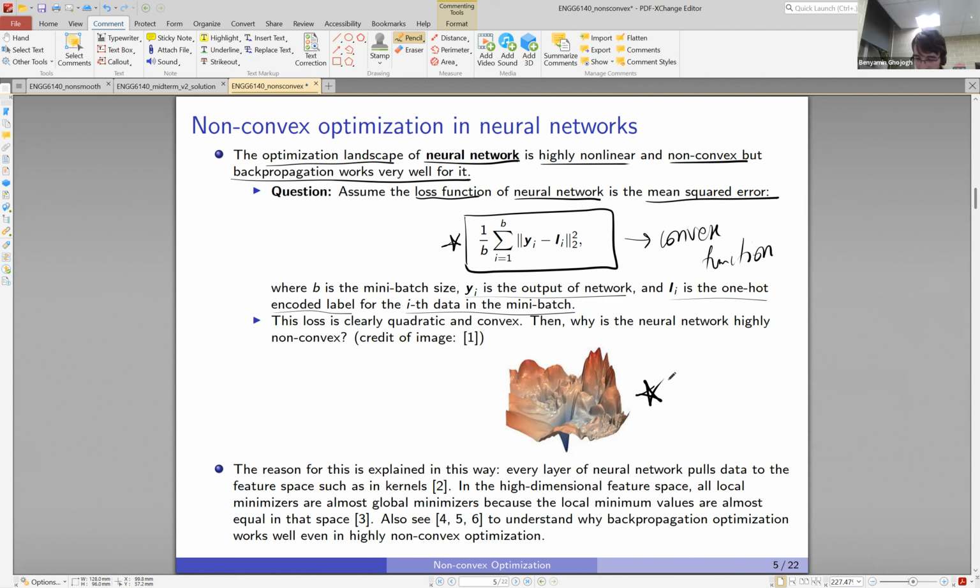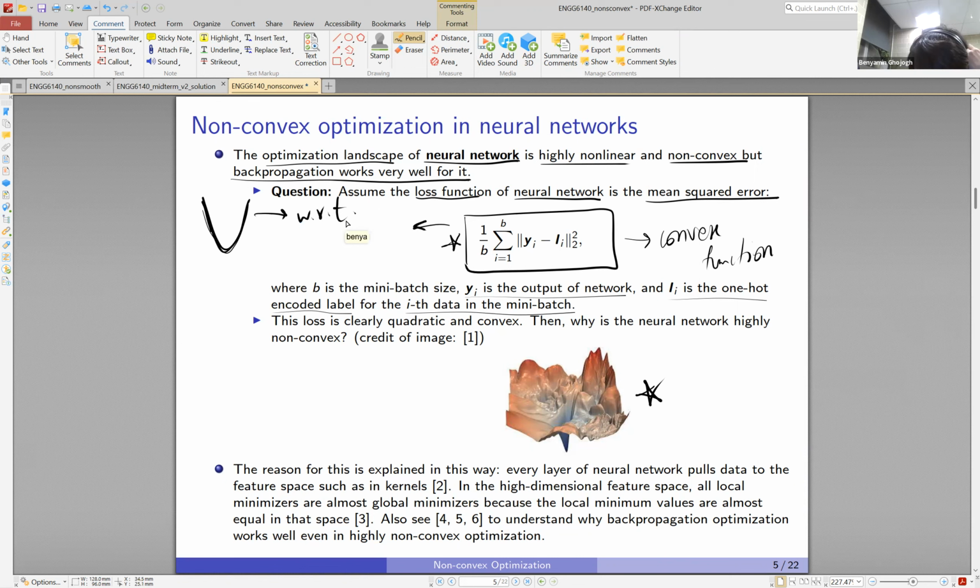Of course, the mean squared error is quadratic like this, completely convex. The issue is that you shouldn't be confused about it, because this mean squared error, this figure, is quadratic or convex with respect to what?